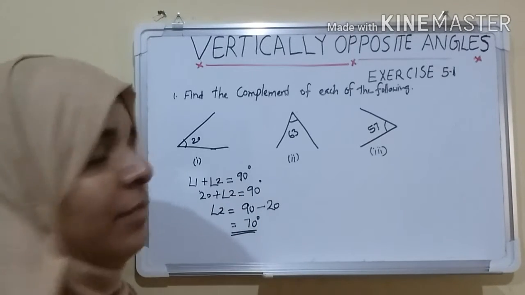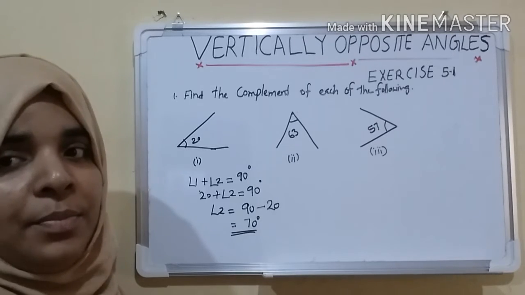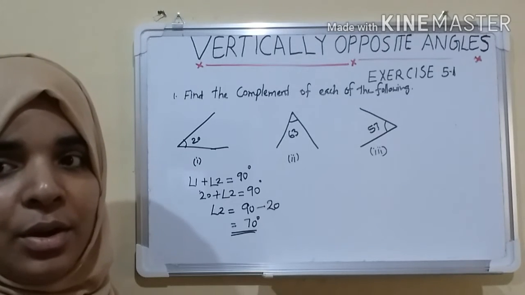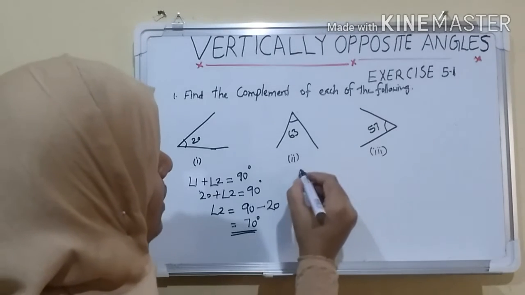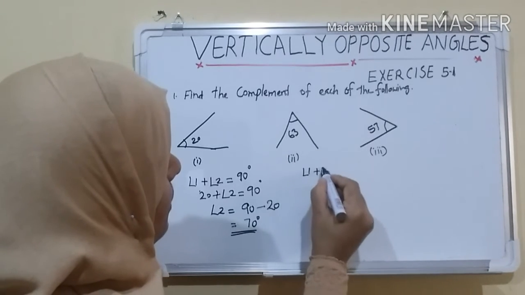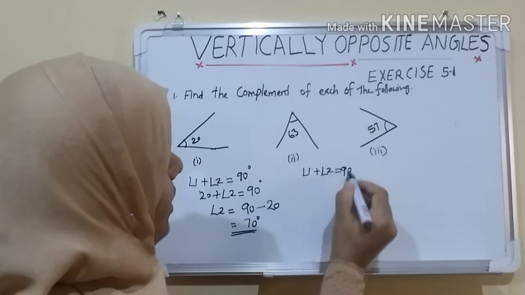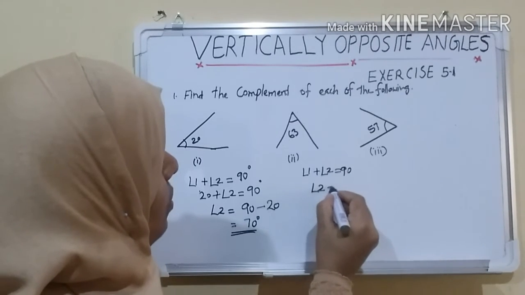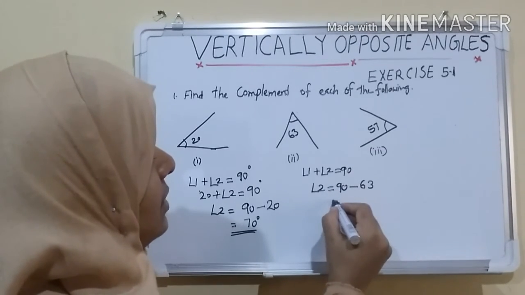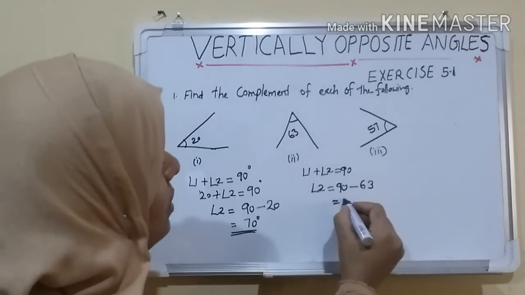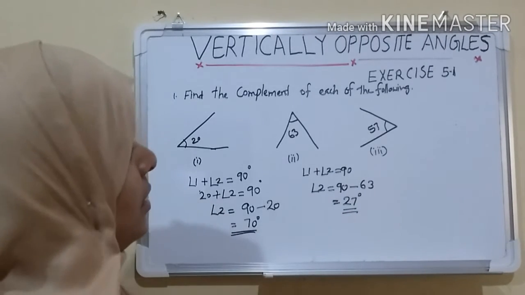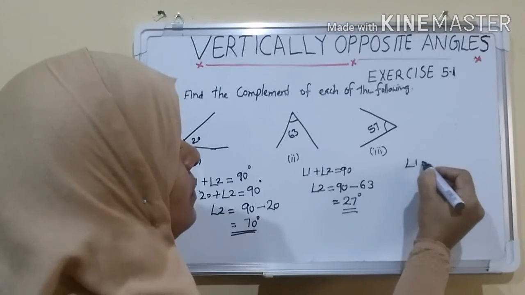Here one angle is given and we have to find the other angle. How to find it? Just subtract that angle from 90 degrees. Here also these two angles are complementary, so angle 1 plus angle 2 equals 90 degrees. So angle 2 equals 90 minus 63, since one angle is given as 63. So this one is 27 degrees. Third one, this is a very simple question.